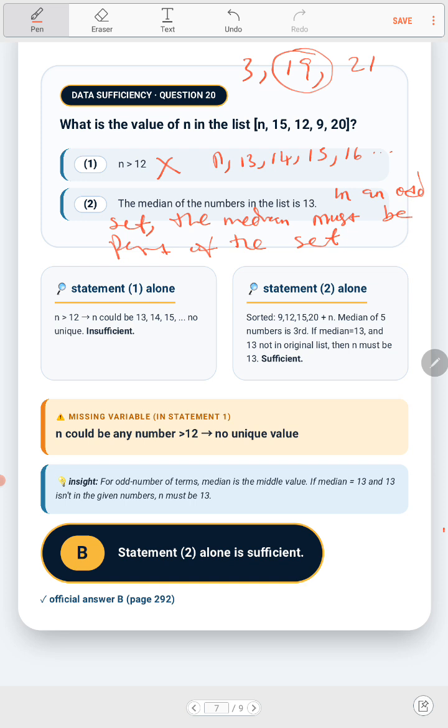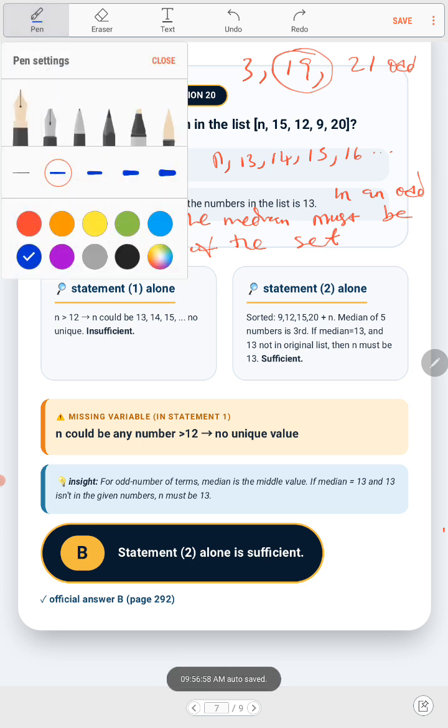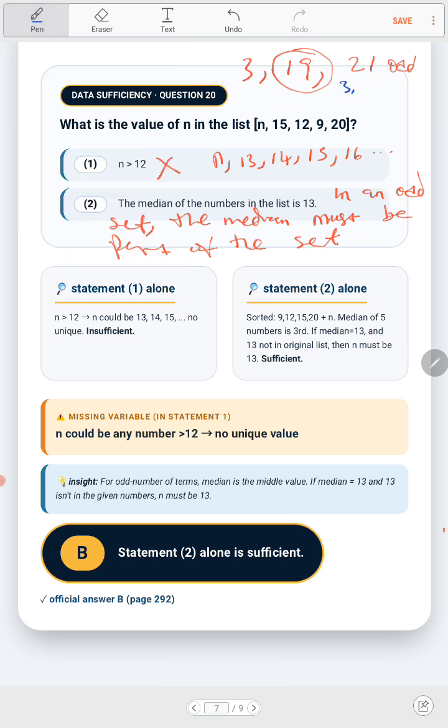But what if we have something like 3, 6, 6, 7? This is an even set because 1, 2, 3, 4. Now the median is 6, because the median of an even set will be the median of the 2 middle numbers. 6 plus 6 is 12, divided by 2 is still 6.